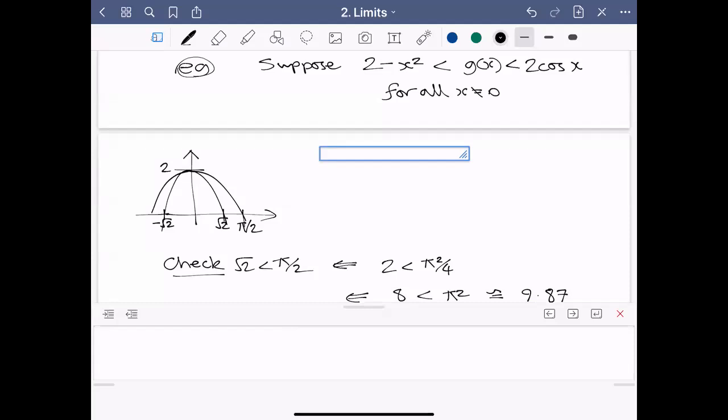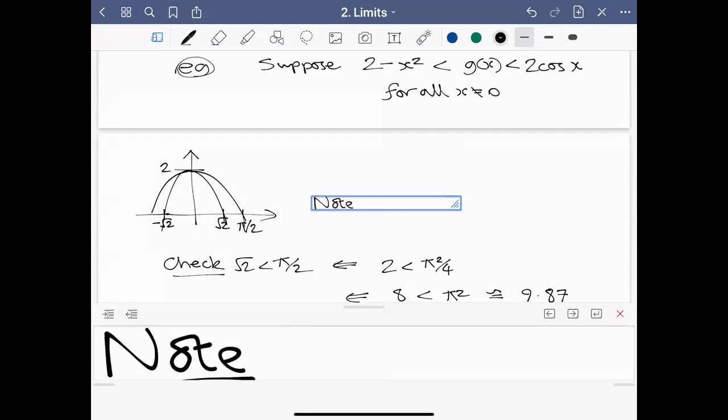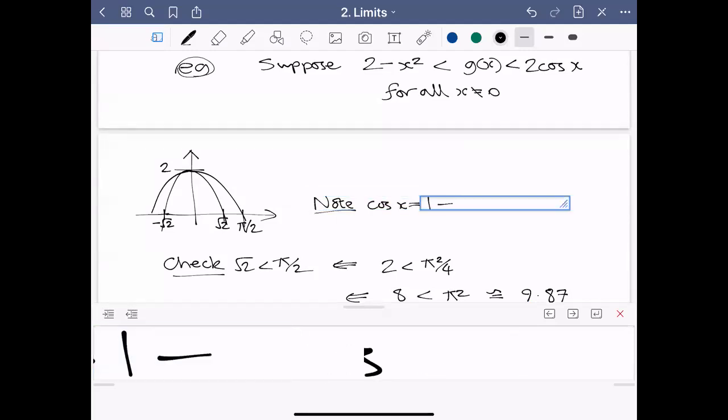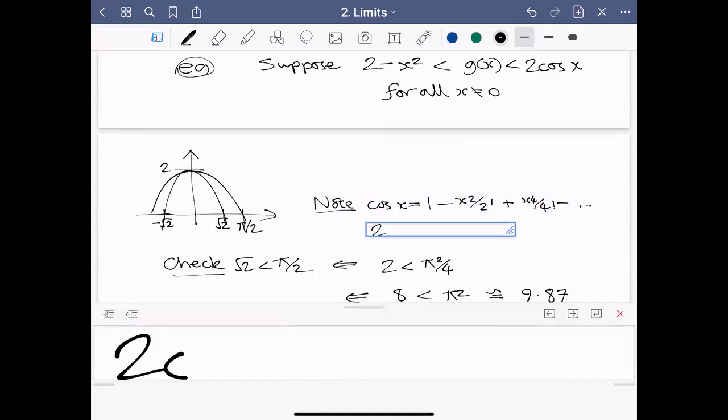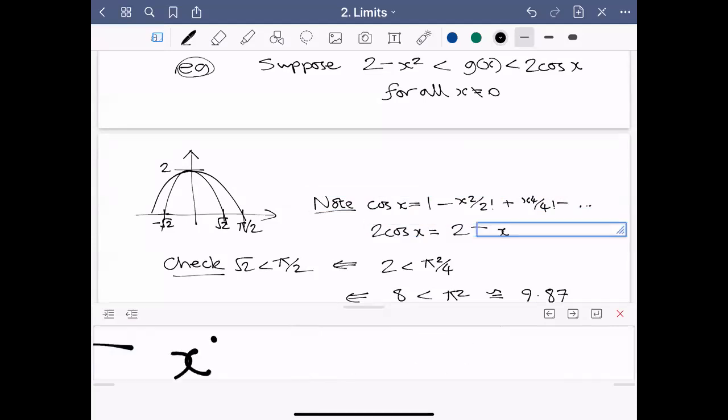And we can also see that because there is a power series for cos x, like this, and so 2 cos x is 2 minus x squared plus something.